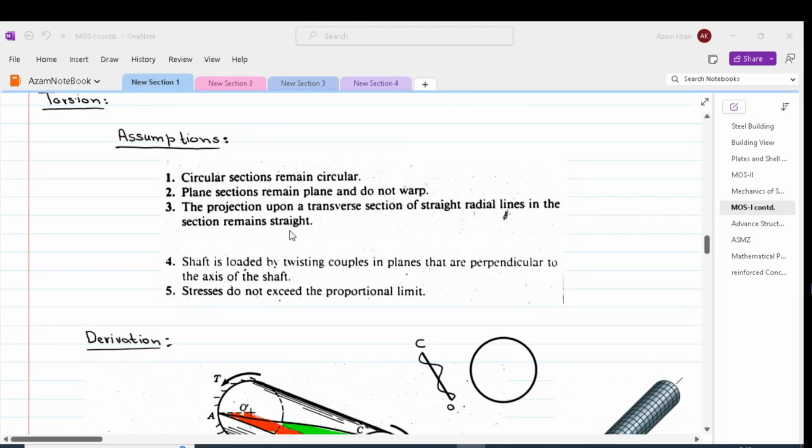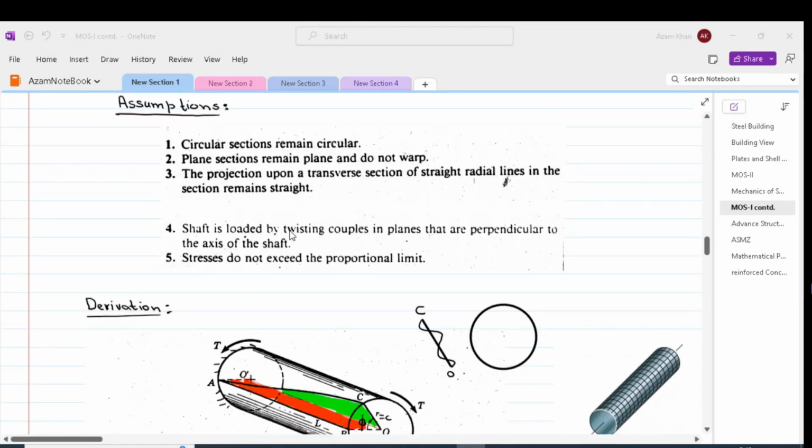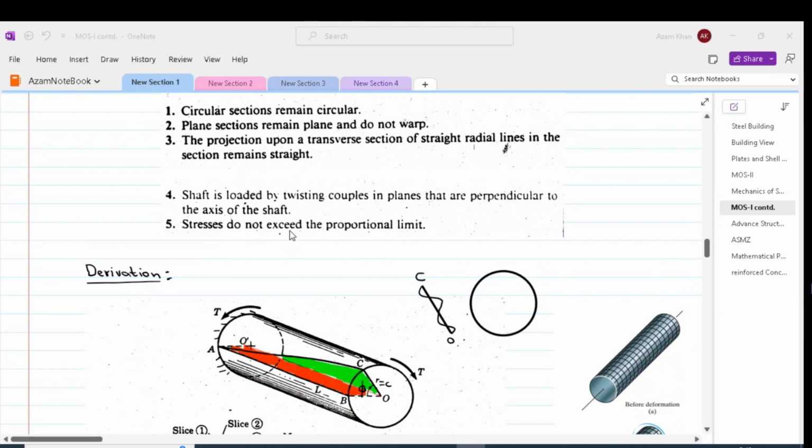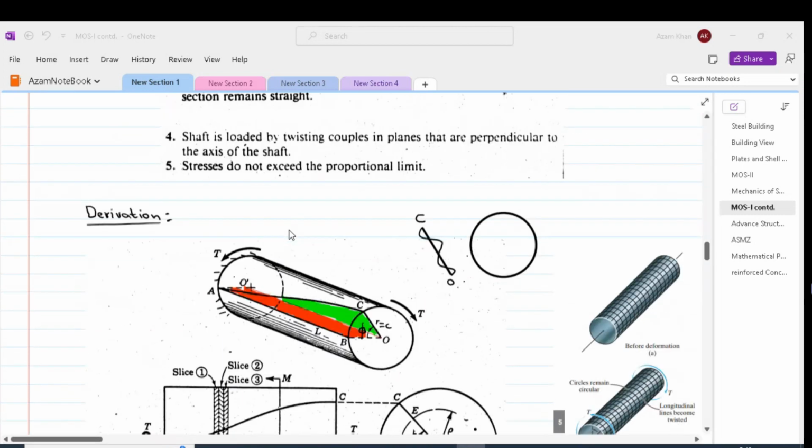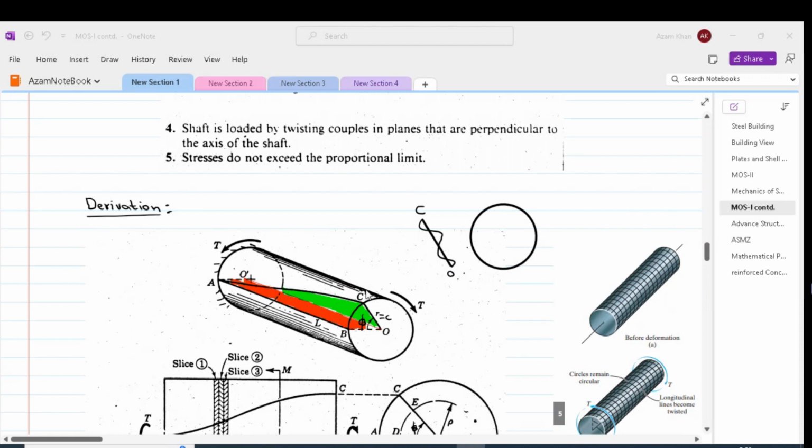As we discussed, we will confine ourselves to circular shafts, and based on that, the first assumption is circular section remains circular. In other words, when we apply torque onto a circular shaft, after deformation, all the cross sections along the longitudinal axis will stay circular.